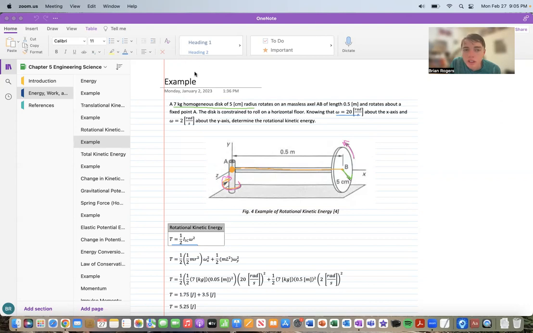Remember the equation that we're going to have for our mass moment of inertia about an instantaneous center? Well, looking at the disk first, we have that component. So plugging in the mass of the disk, which was 7 kilograms, and then it had 5 centimeters radius here. And then for the next part of the equation, it's going to be rotating about this center point A, that length of this axle rotating.